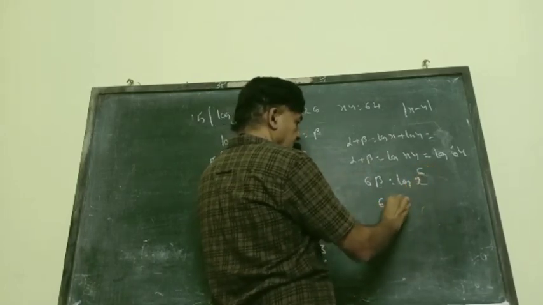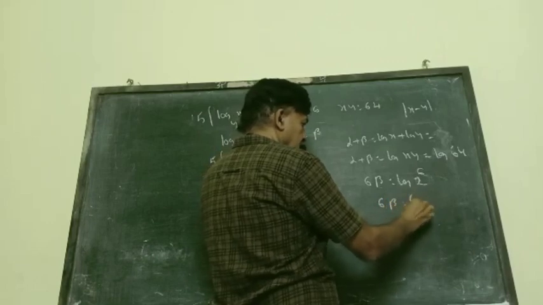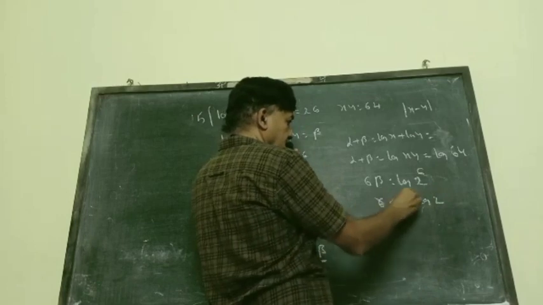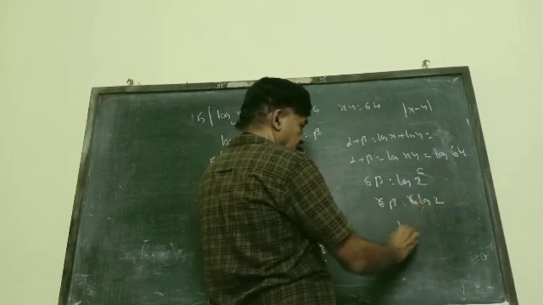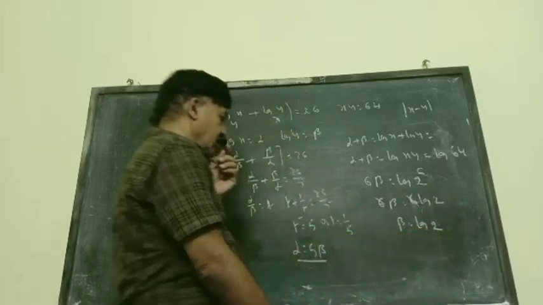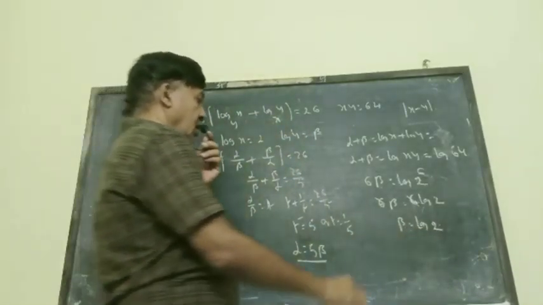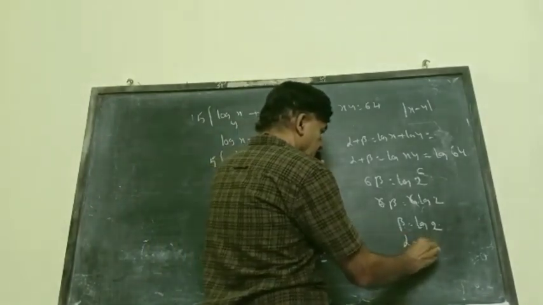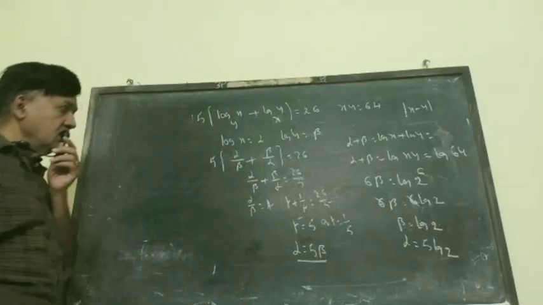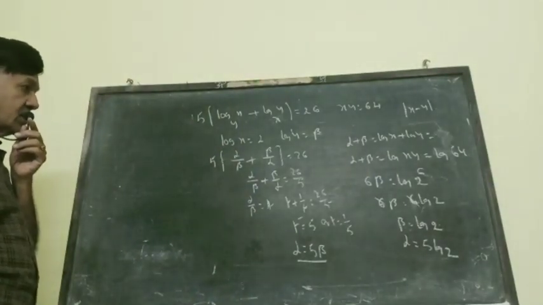So 6 beta is equal to 6 log 2 you will get. 6 will cancel. So you will get beta is equal to log 2. Alpha is equal to what? 5 log 2. Alpha is equal to 5 log 2, you got it.